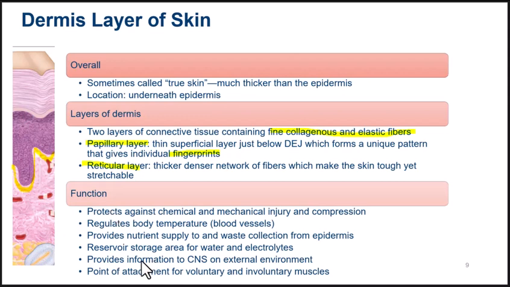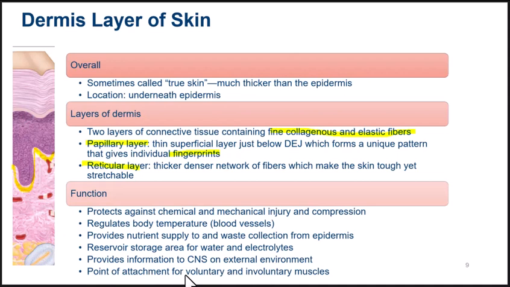It offers nutrient supply and waste removal from the epidermis because of its being highly vascularized. Remember from an earlier slide, the epidermis is not vascularized; the dermis allows for removal of waste products, but also delivery of nutrients. It also permits the feedback of information to our central nervous system about our external environment, and we'll learn about that more when we get to the nervous system unit.